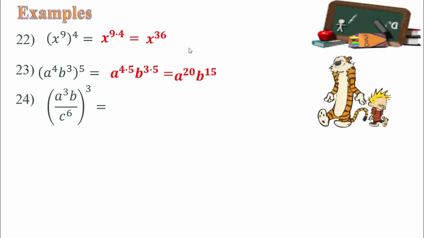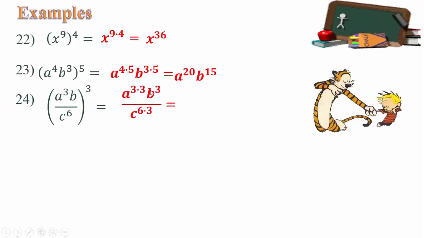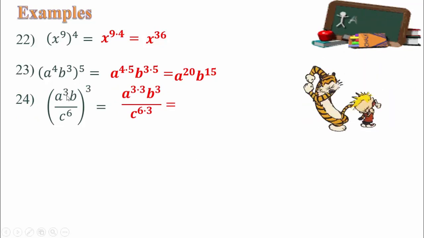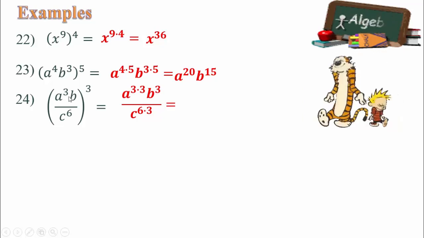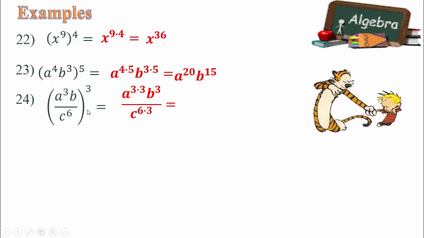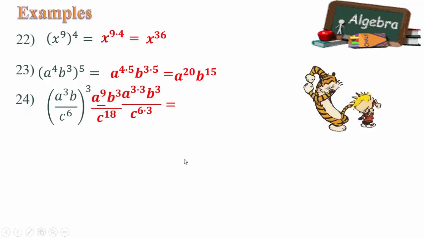In reviewing 24, based on what we did on the whiteboard, here I brought this 3 inside the brackets into everything, both the a, b, and the c, because all of those are inside the bracket that is brought to the third power.